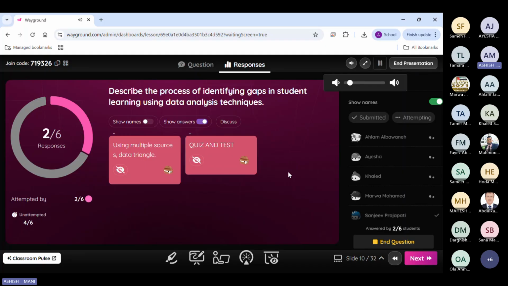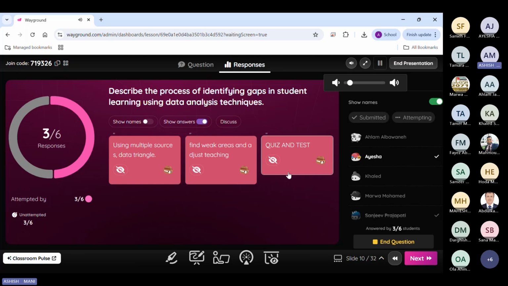Multiple sources, data triangulation, quiz and test. Use multiple sources, find weak areas and adjust teaching.